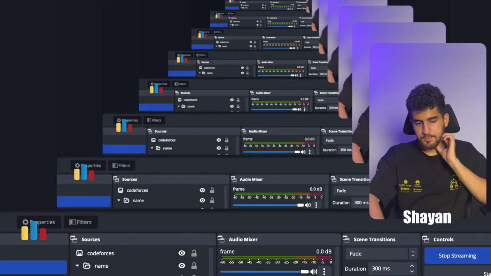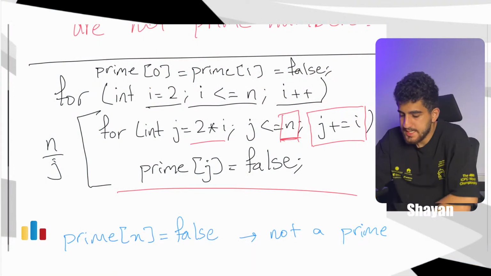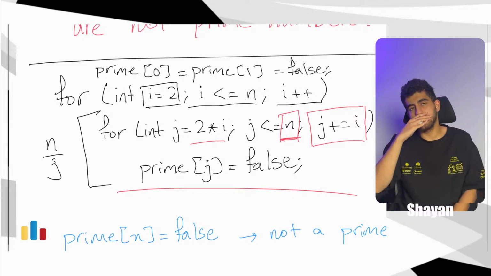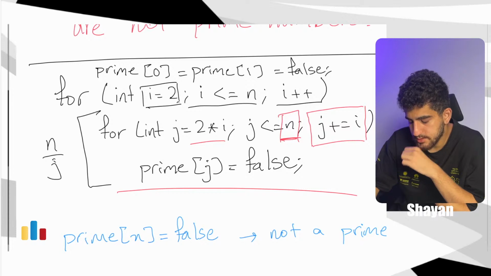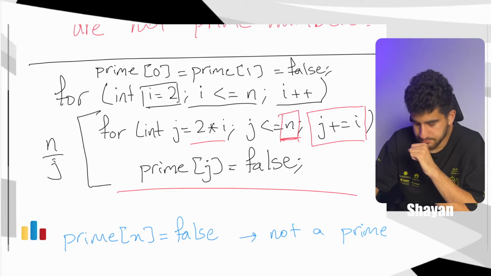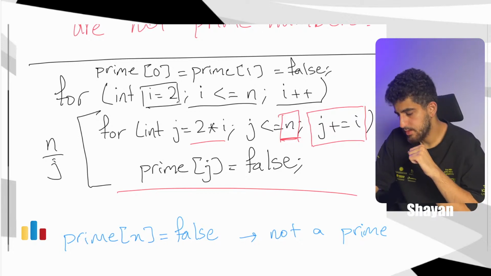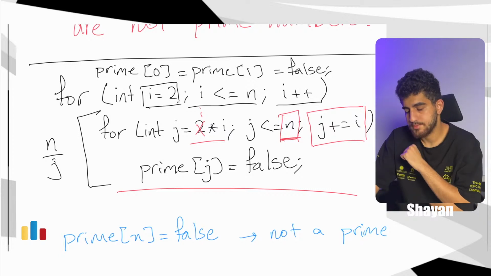The point is that if we skip all the i's that are not prime, that would also work. So if i is not a prime number, we can skip it and go to the next number. And you can also start j from i times i.